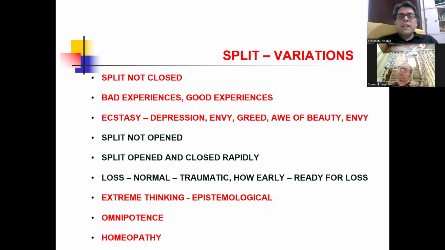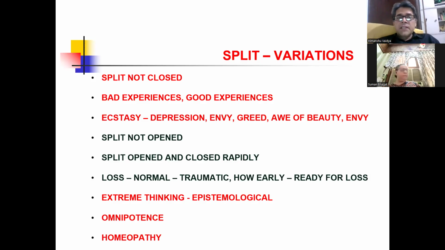Now let us look at the variations. First, we saw about split that the split is not closed. That's the first problem. Second problem, split does not open. So split not opening completely is the first problem.